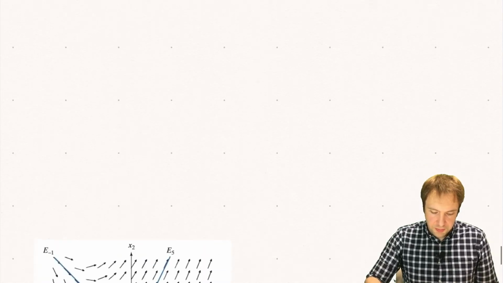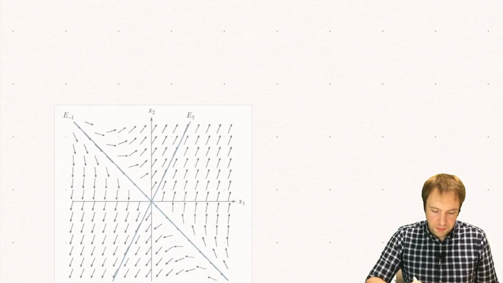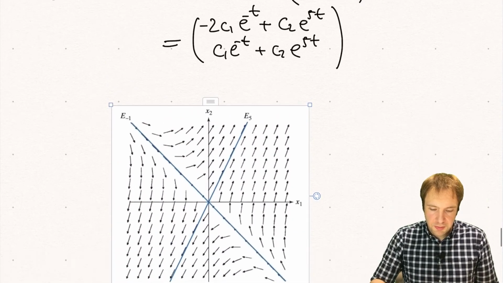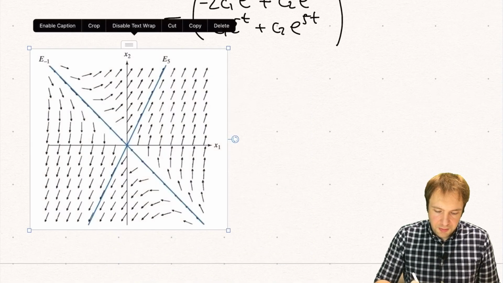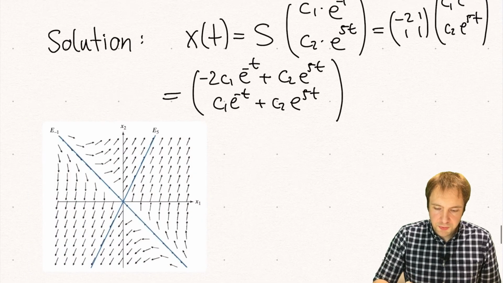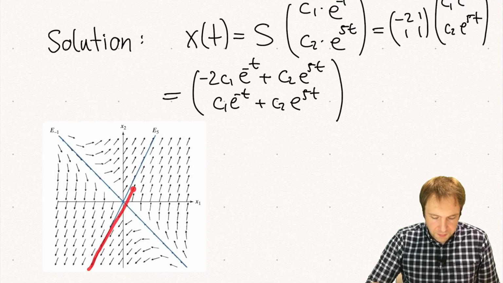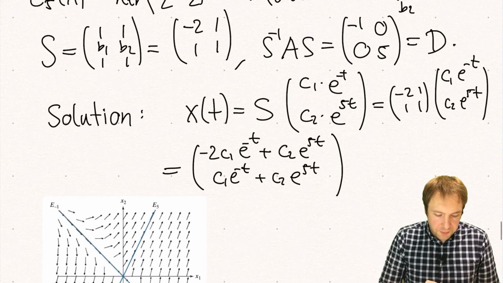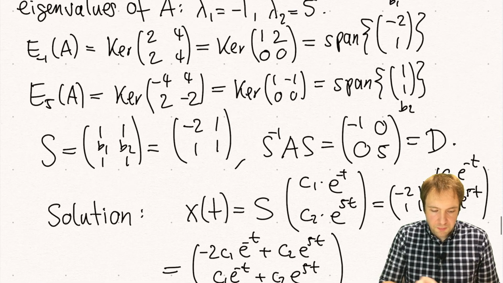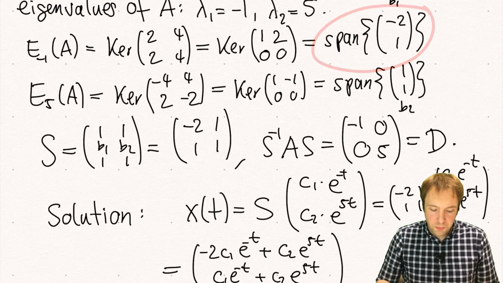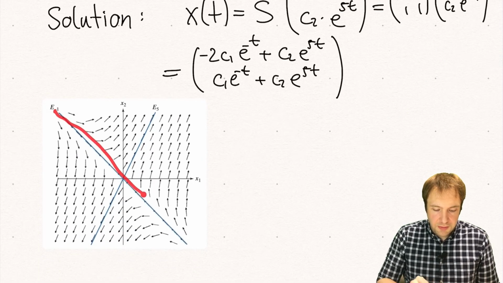So now you see in the book, you also see the same example. First of all, what you see here, these two lines are exactly the eigenspaces. So the eigenspace for the eigenvalue -1 was the span of the vector -2, 1, which is this line here.